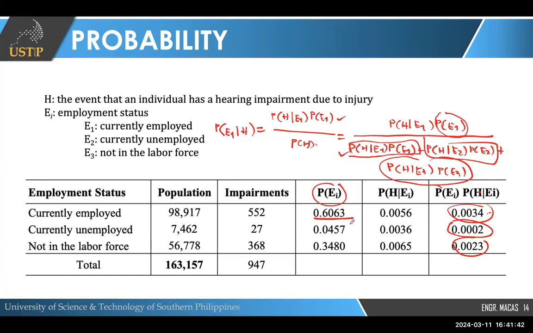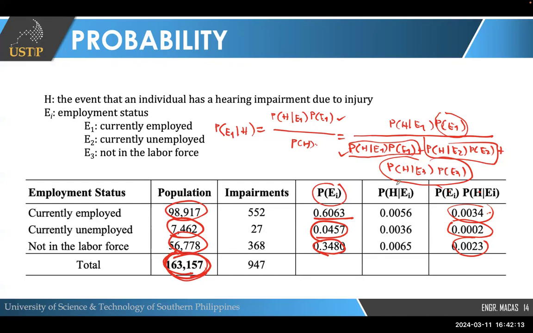How do you get 0.6063? That is the number of currently employed divided by the total. So that is 0.6063. This is 0.47, 0.0457, that number divided by the total, and this one as well. Basically, it is the proportion of each employment status over the total number of people.